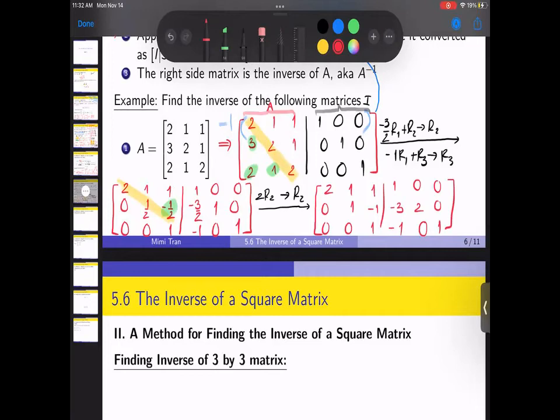All right, so let me redraw my diagonal here. That's my diagonal. Let me delete that diagonal there. Now I need to eliminate the -1 here. Which row should I use?